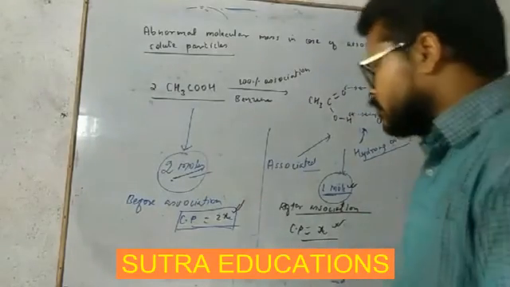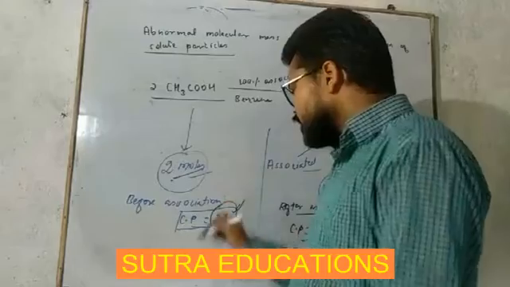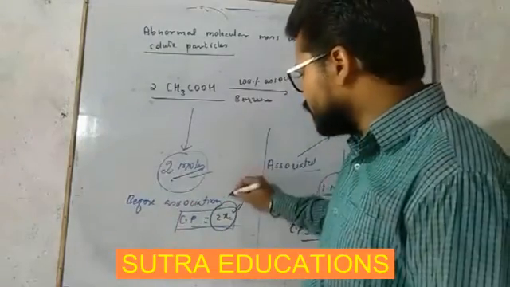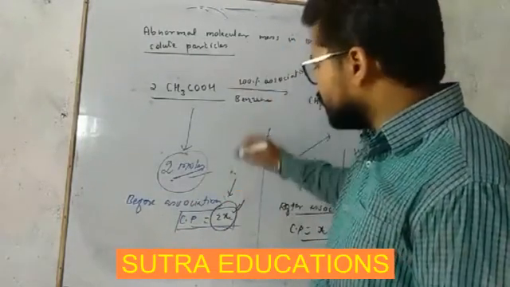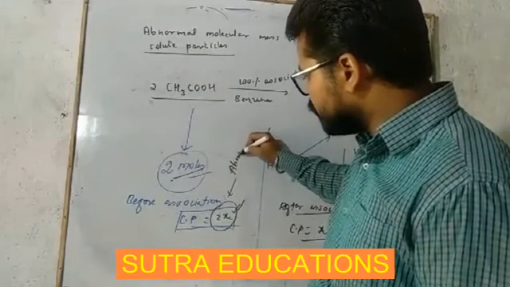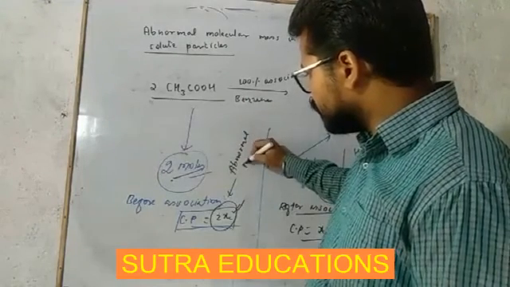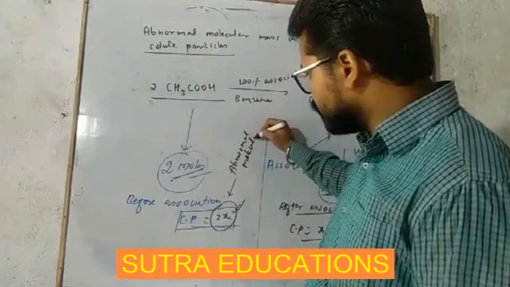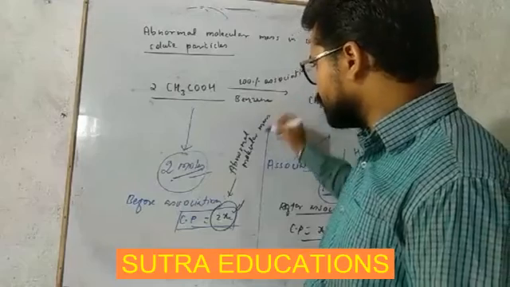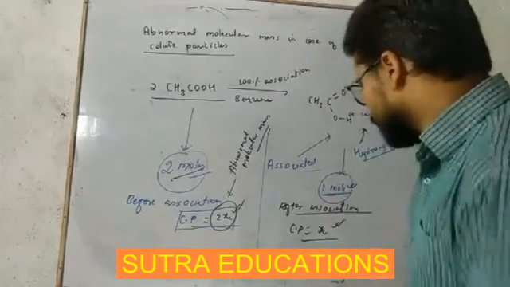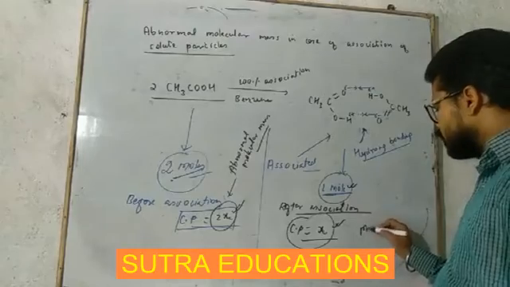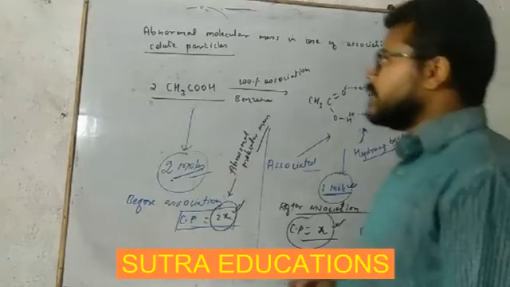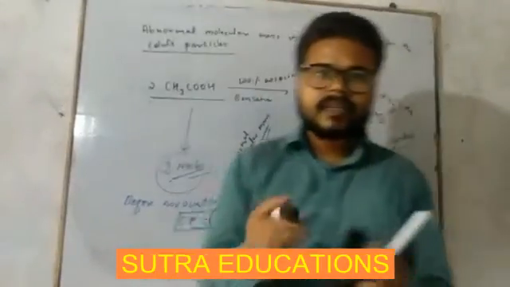So here since colligative property is more, molecular mass will be less, means abnormal molecular mass will be less. Here colligative property is less, means abnormal molecular mass will be more. In this way it works.